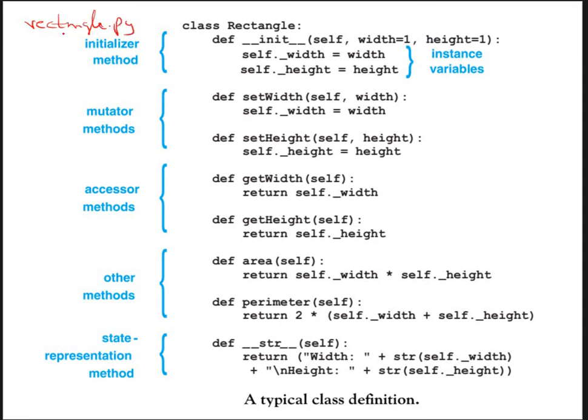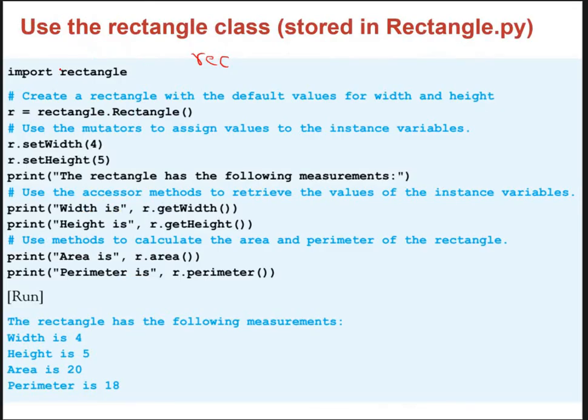Okay, so that's the name of the file, and it's in the same folder. So you use import rectangle. And so this file has this class, okay? So this is again the module name that we discussed. You can use the module name dot class name, and then empty parentheses.